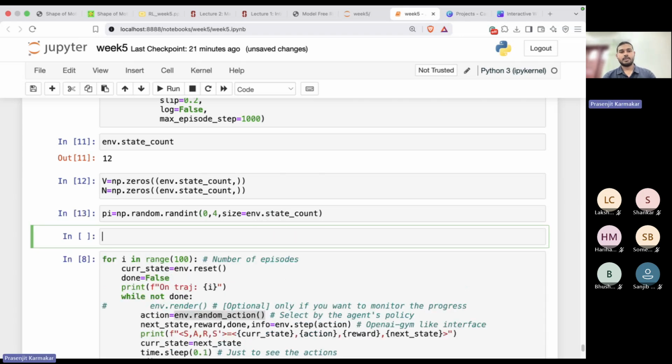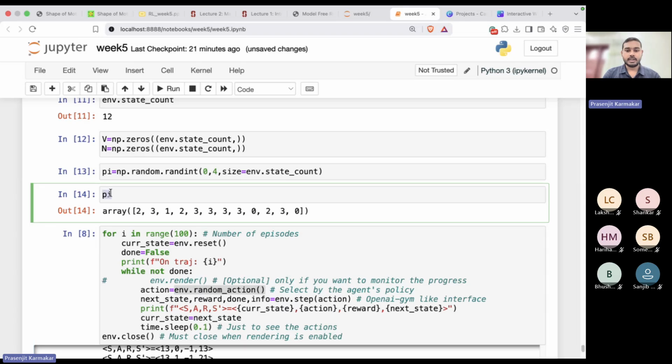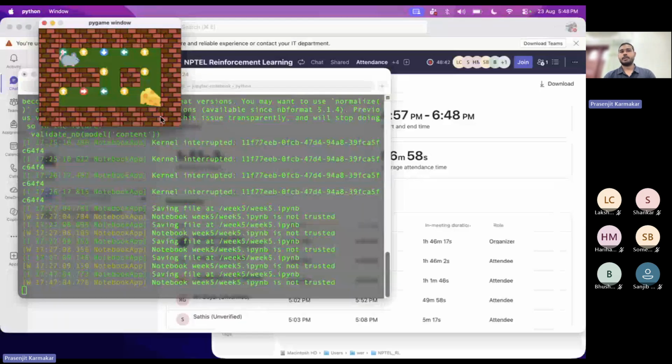This is my pi, a random policy, and I can show it with environment dot show pi.